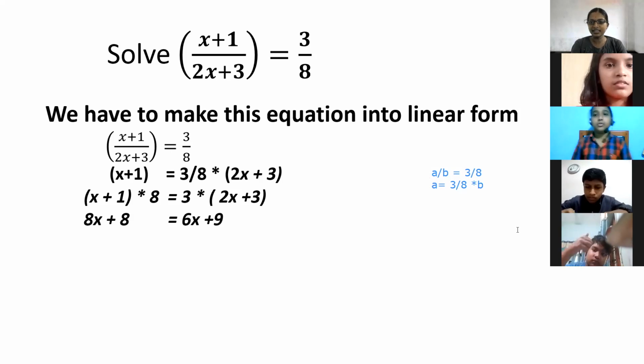Okay. Then as in this case, a by b is equal to 3 by 8. Then I want to find the value of 3 from this. How will you find the value of 3?